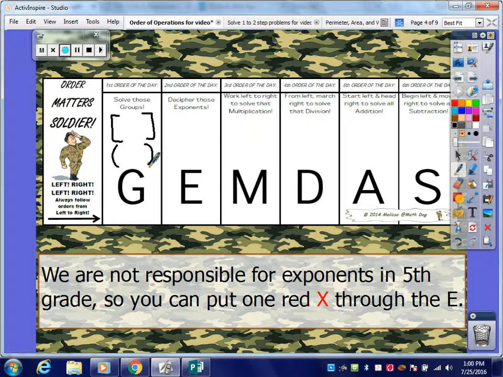So on your soldier paper, you need to also draw the brackets and parentheses to help you in the future. Now down here we have a little blip that tells us we're not responsible for exponents in 5th grade, so you can put a red X through the E. So with your red pen, put an X through the E. You will not need to know this in 5th grade.